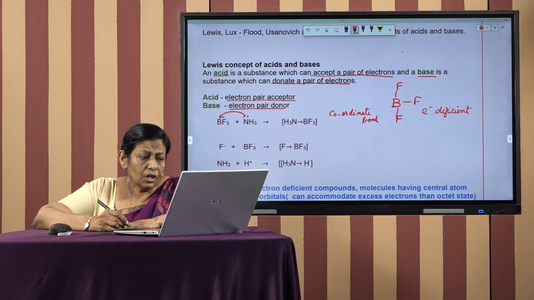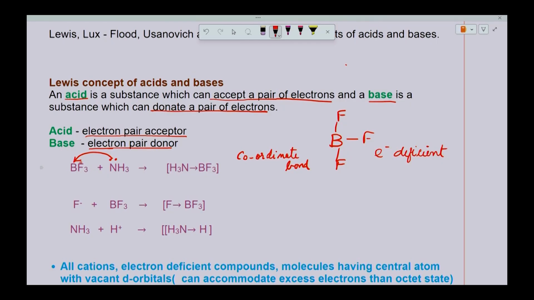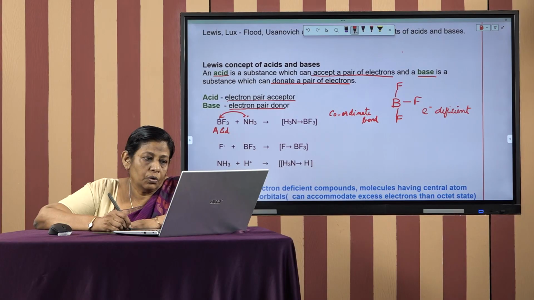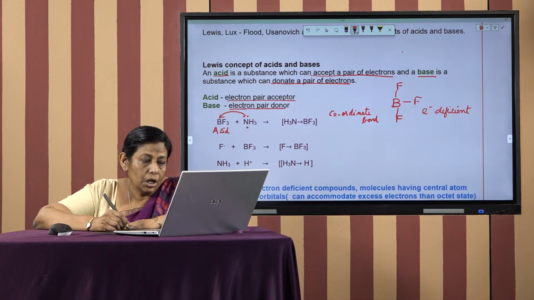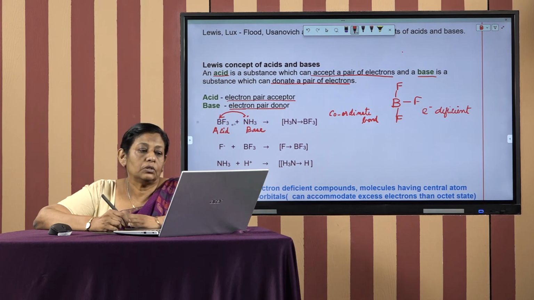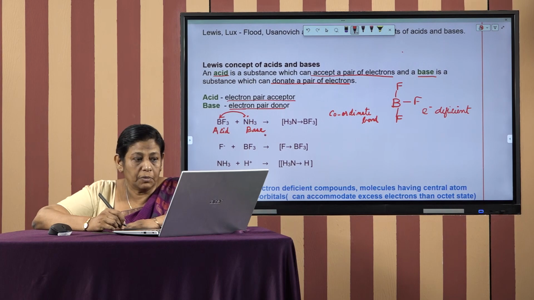Here boron accepts a pair of electrons, and therefore it is an acid, or you can say a Lewis acid, and ammonia donates a pair of electrons to boron for forming the coordinate bond, and therefore ammonia is a base. You can call it a Lewis base. This is a Lewis acid and the other one is a Lewis base, and here we have the complex formed.